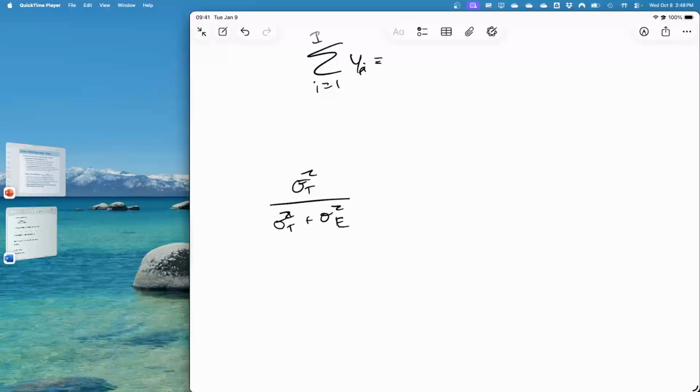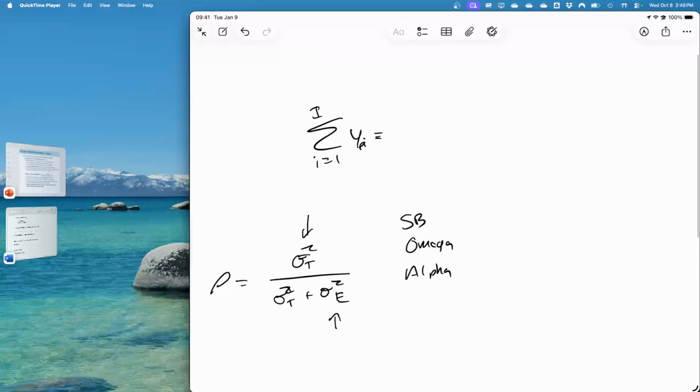Remember that? This is some version of reliability. Omega, alpha, and Spearman-Brown all make different assumptions about how we get each of these variances. But they all stem from this one concept, which is we have the sum of items.